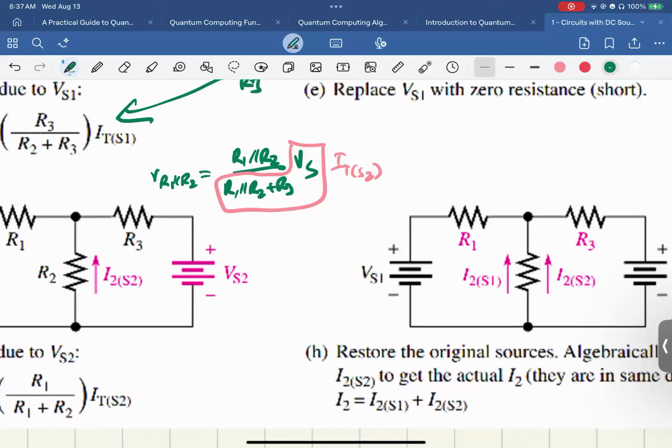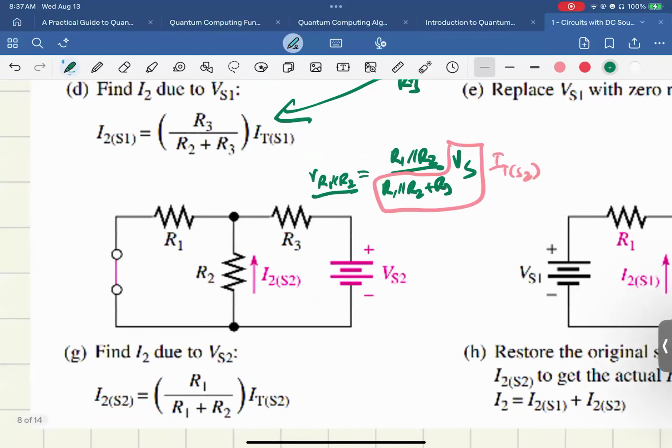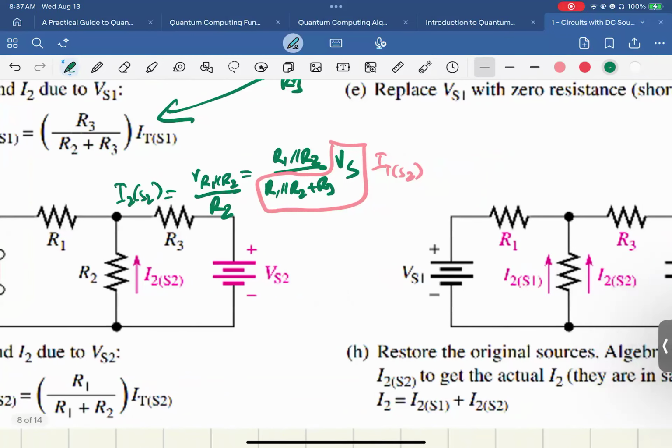Okay. And again, ang gagawin lang natin is pag dinivide natin to by R2, we get I2 when there's only S2 as a source. So we divide this by R2. So we have a 1 over R1 plus 1 over R2, tapos ITS2 over R2.